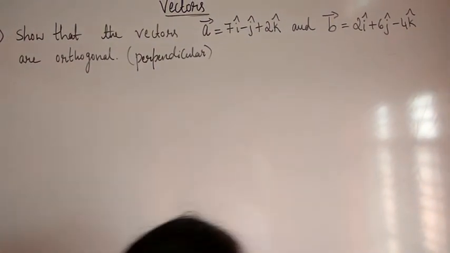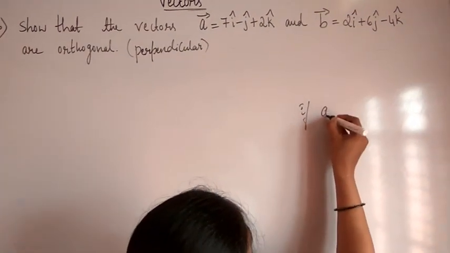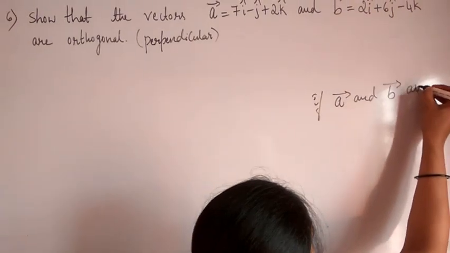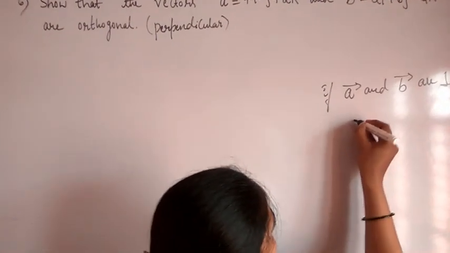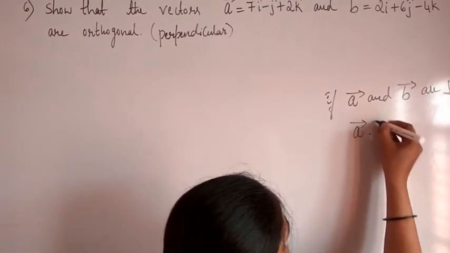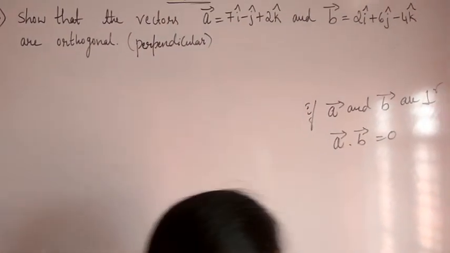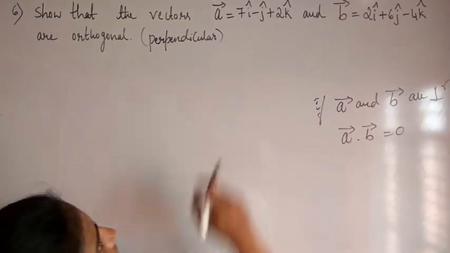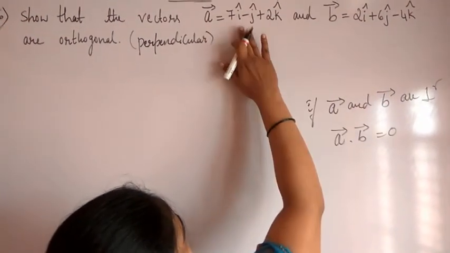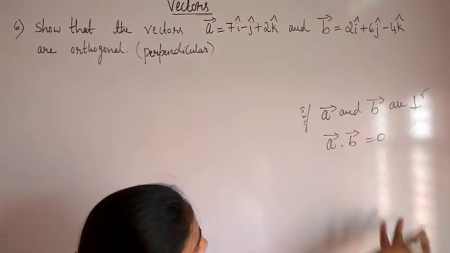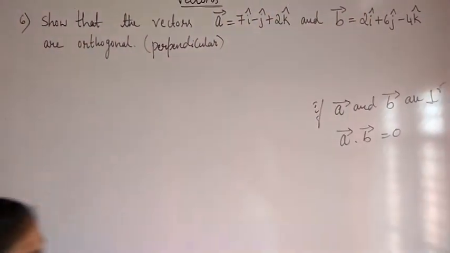I have told you that if vector A and vector B are perpendicular, then the condition is that the scalar product must be equal to 0. That means the dot product is equal to 0. Suppose if we take the dot product of these two vectors and the value becomes 0, then we can clearly say that the two vectors are perpendicular to each other.